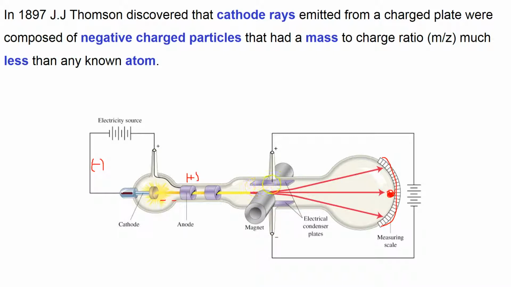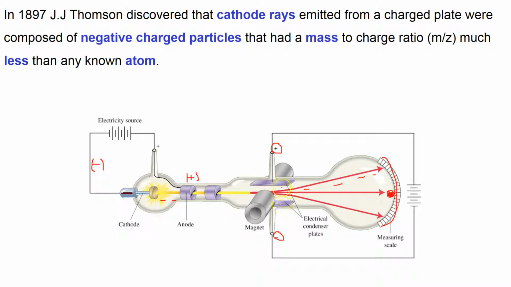He then used the two plates that were placed near the middle of the tube to study the properties of these particles. He hooked one up to the positive terminal of a battery and the other to the negative terminal of the battery, and what he found was his negatively charged particles were deflected upwards.